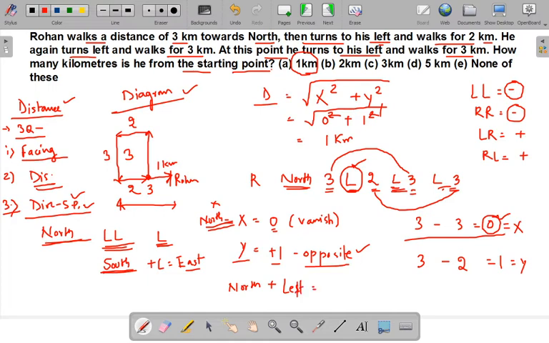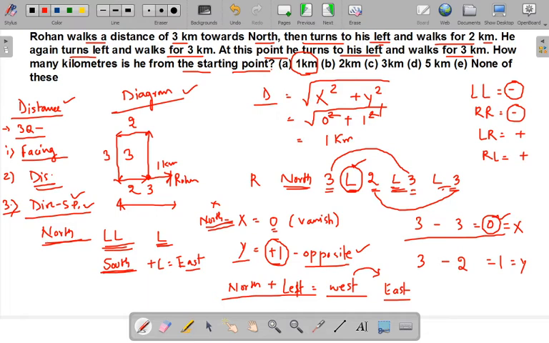North plus left is west, but since the value of y is positive, this west will be opposite, it will be east.